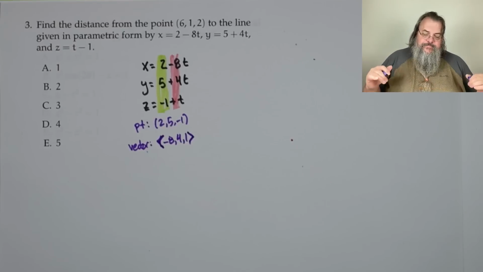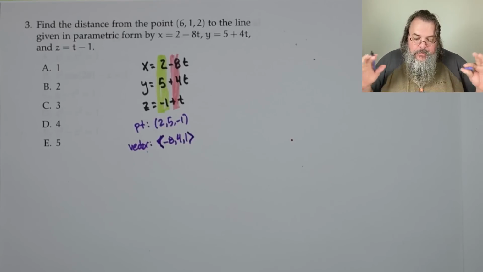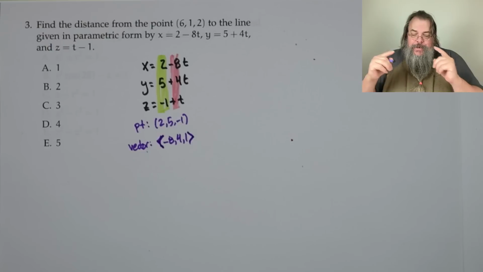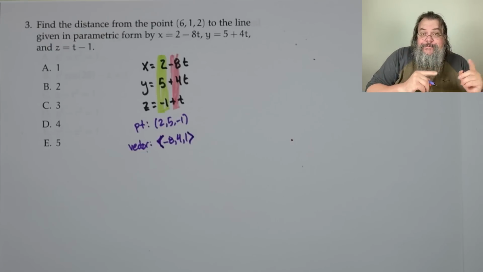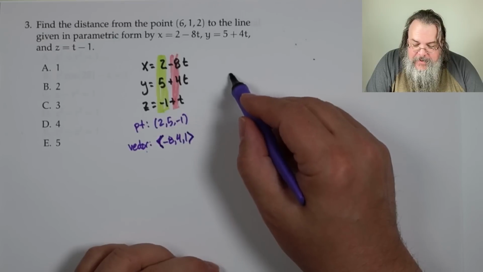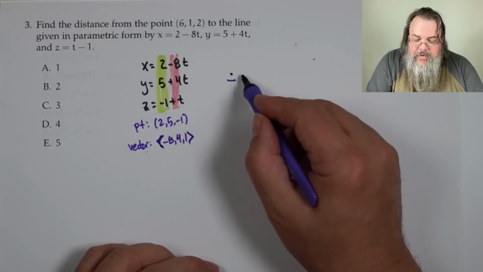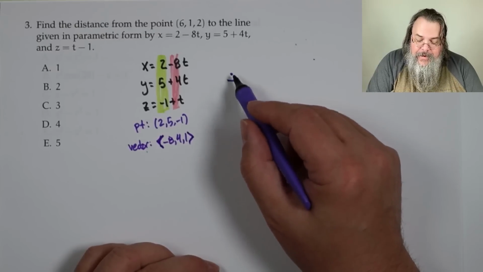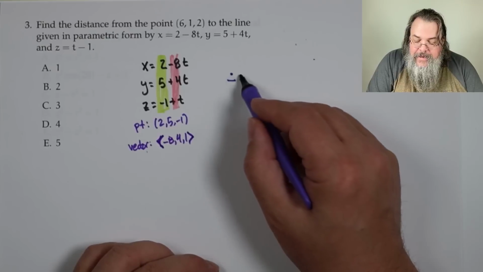All right. Now, with that, how do you find the distance from a point to a line? The answer is we look up the formula. And if you look at the formula, it looks something like this. There's a little dot and a little line. That's point-line.